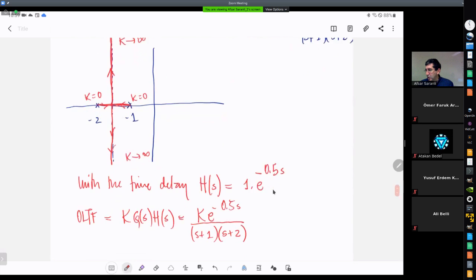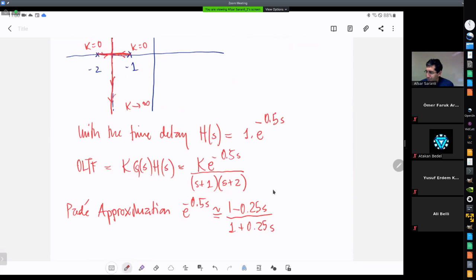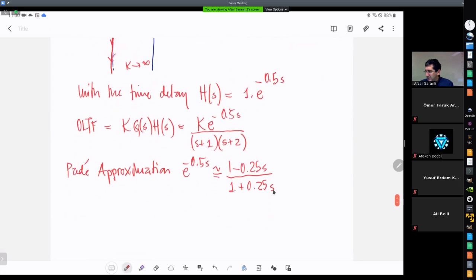Okay, so with the Padé approximation, that exponential function e to the minus 0.5 s becomes approximately (1 minus 0.25 s) over (1 plus 0.25 s). Okay, so what is this equal to?